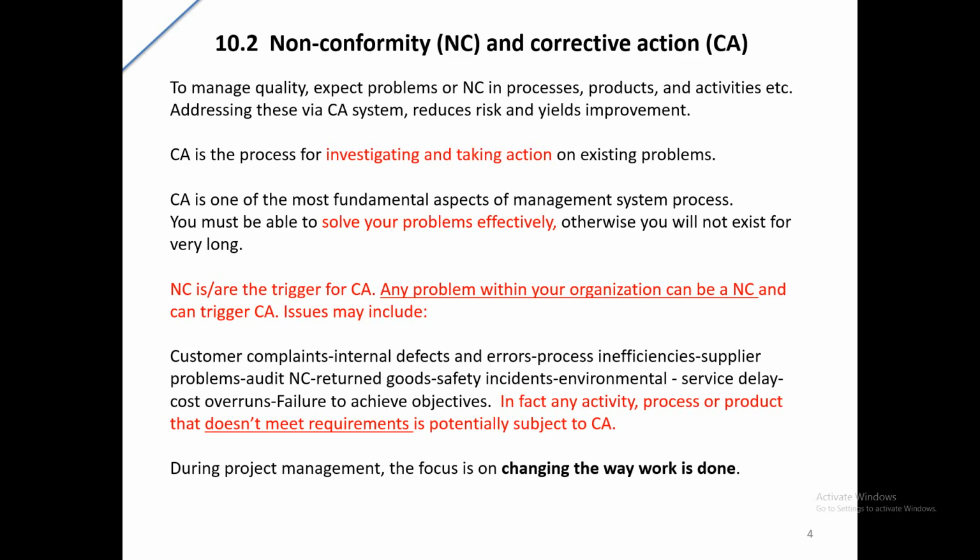These issues may include customer complaints, internal defects, errors, process inefficiencies, supplier problems, audit non-conformity, returned goods, safety incidents, environmental issues, service delay, cost overruns, failure to achieve objectives, etc. So in fact, any activity or any process or product that does not meet requirements is potentially subject to corrective actions.